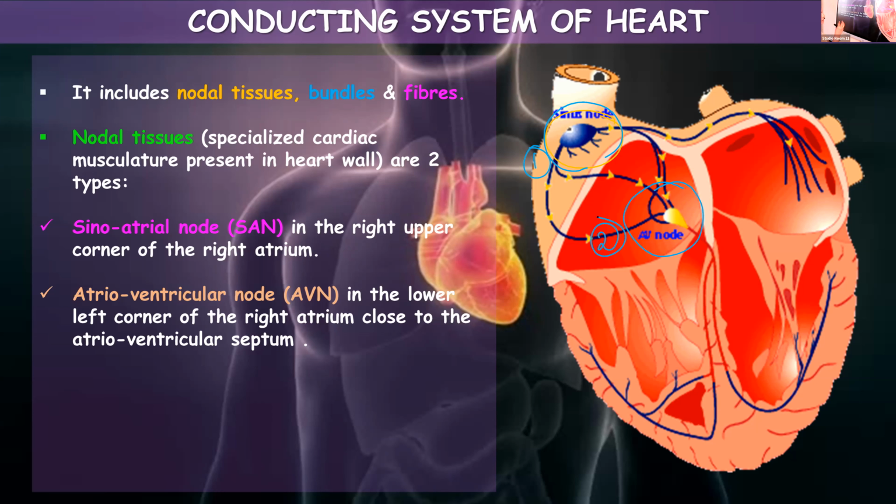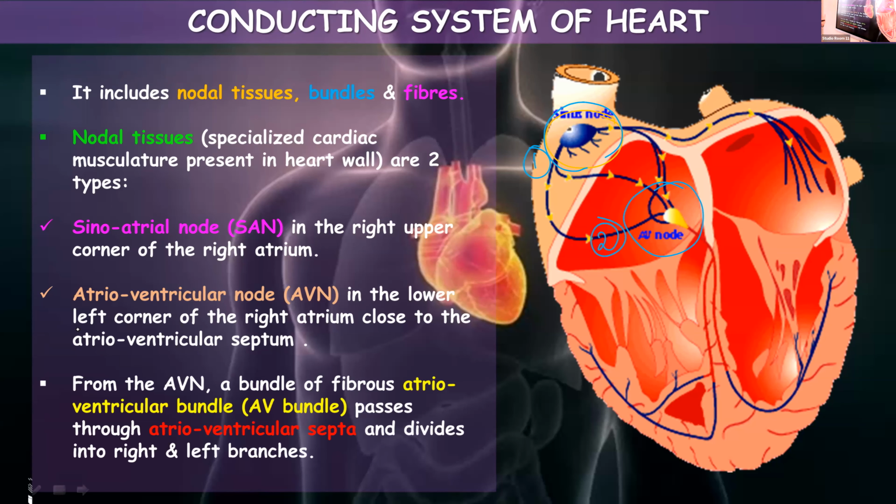You will find them as a small bulge or projection in the walls of the right atrium. SAN is present on the upper right corner and AVN on the lower left corner of the right atrium.